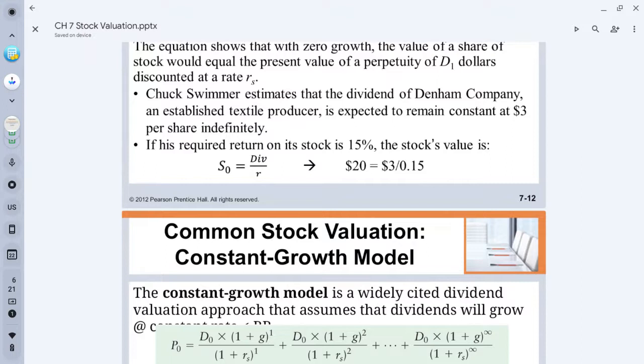So in this example, what matters is the dividend paid. Dividend is $3 and it's going to remain constant. That means this is going to be a zero growth model, right?